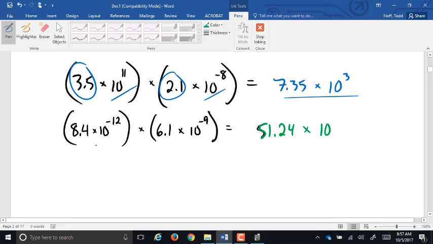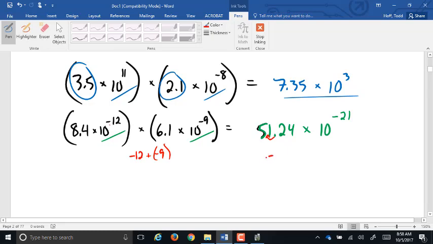Times 10 to the negative 12th times 10 to the negative 9th is 10 to the negative 21. Then what? Because when we're multiplying, we add the powers. So that's just going to be negative 12 plus a negative 9.